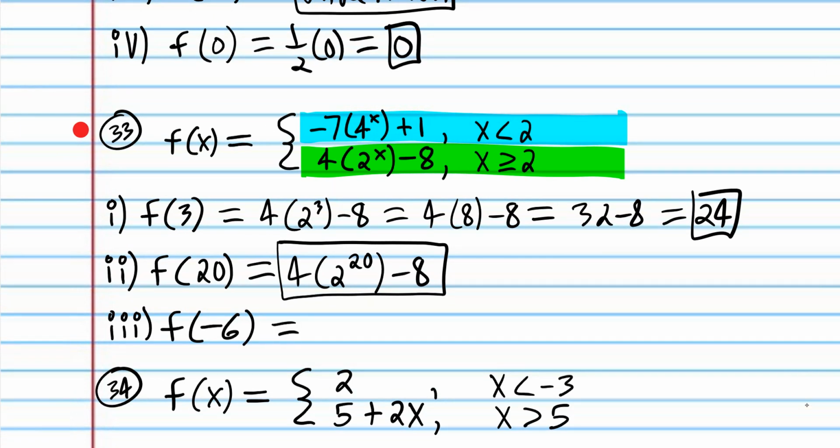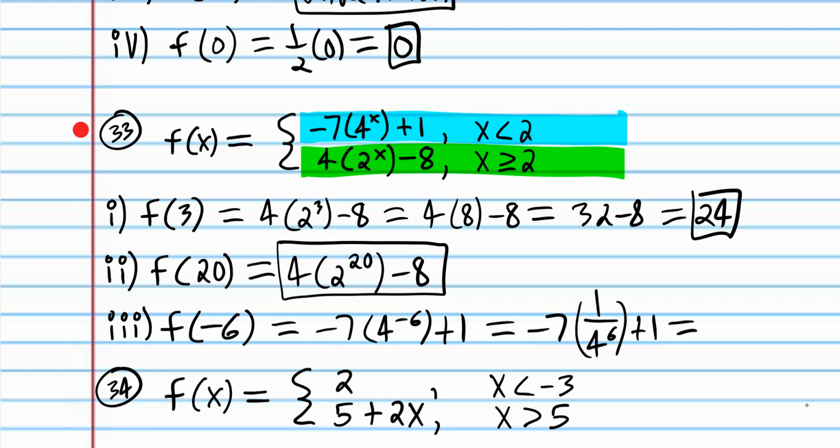Okay, what about f of -6? Well, -6 is less than 2, so we're going to use the blue expression. This is the first time that we're using the blue expression. Now, we have to use exponent rule number 8, so that's going to become 1 over 4 to the positive 6 power. And 4 to the 6th power is equal to 4096.